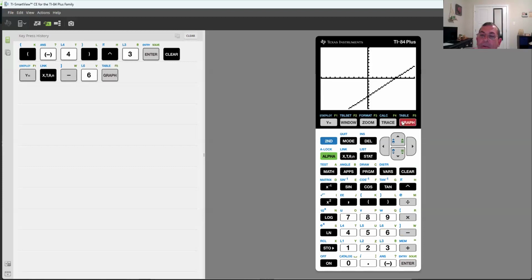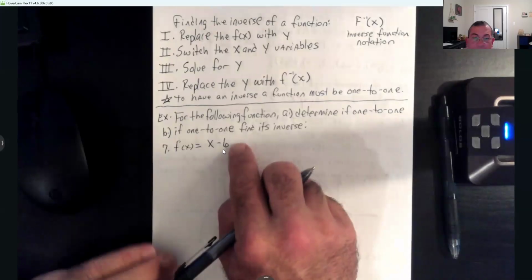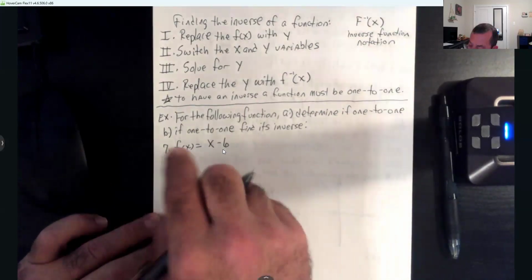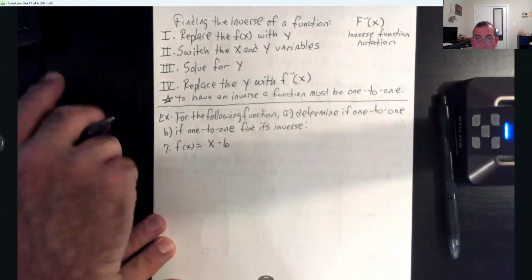And you'll notice this is just gonna be a straight line. But if I intersect this thing with horizontal lines, it's never going to intersect it more than one time, okay? So we definitely are one-to-one. So since it's yes one-to-one, we would put yes, and then we're going to find that inverse.